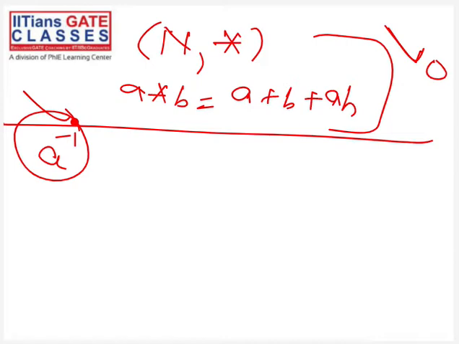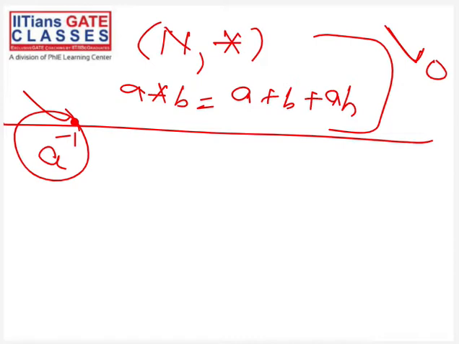Right, Sanjeev. But you do not need to say no inverse in N because all these things are given to you. You can just directly say that no inverse for A. For some elements, inverse may exist, but you can directly say that.